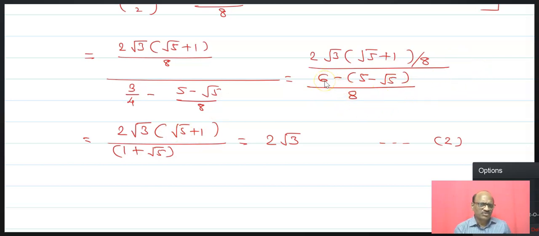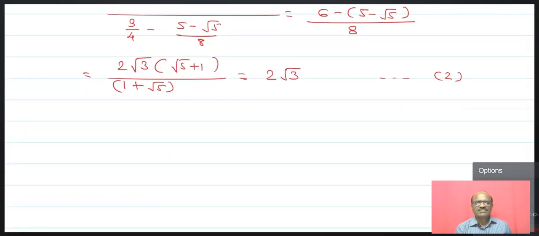And now what is happening for this denominator? This is a minus sign outside the bracket. It becomes minus 5 plus root 5 minus 5, and this is a plus 6. Therefore it is 1 plus root of 5. And now root of 5 plus 1, root of 5 plus 1, these two terms get cancelled, and we get the value 2 root 3.